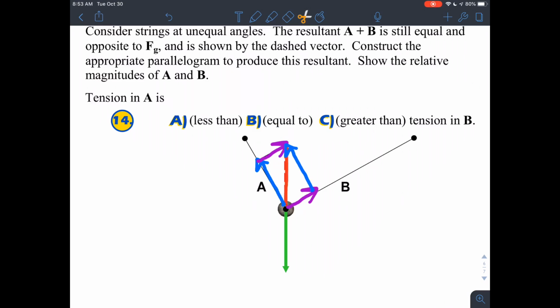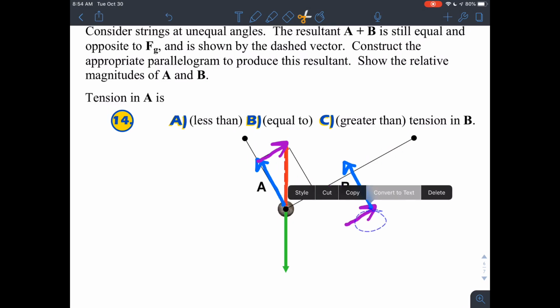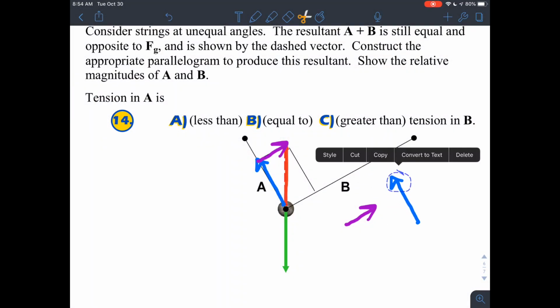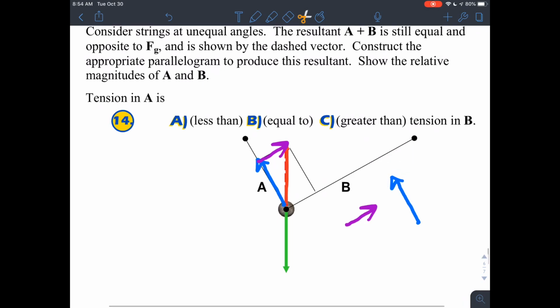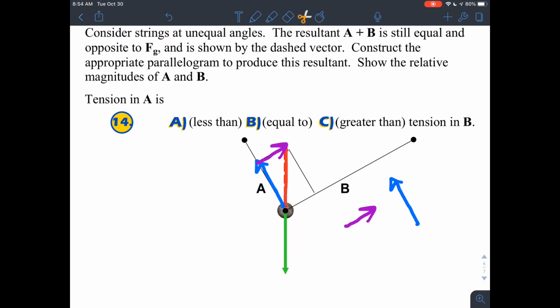So now the million-dollar question is, how do A and B compare to each other? Well, let's look. If we look at B plus A, let's move them out of the way here. We can take a look at the overall difference in the lengths. It should be pretty clear here that this is vector B, and this over here is vector A. We should see pretty clearly that A is much longer than B. Again, the length of a vector tells us the magnitude.